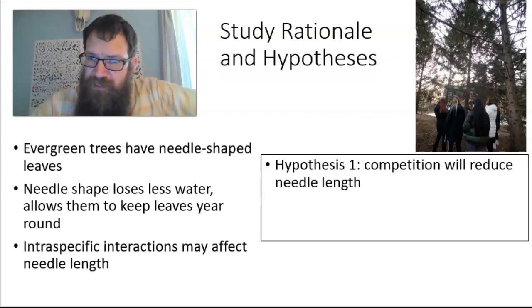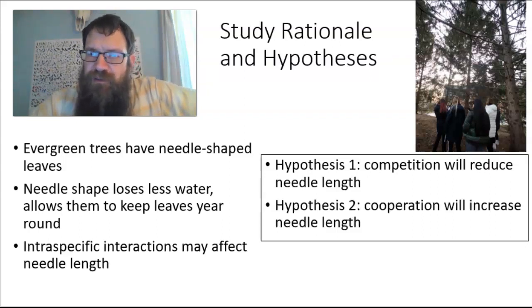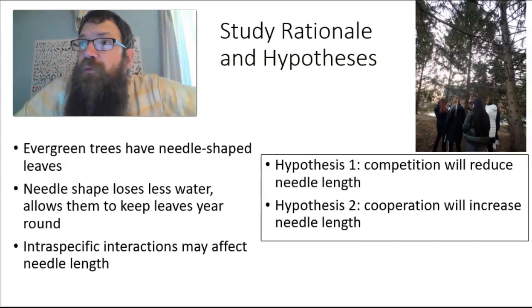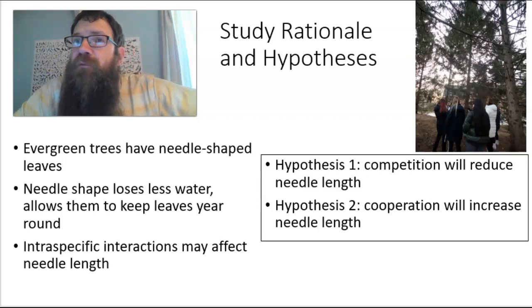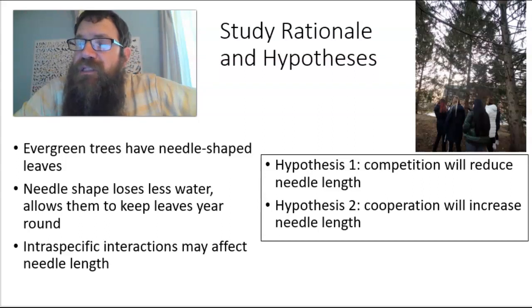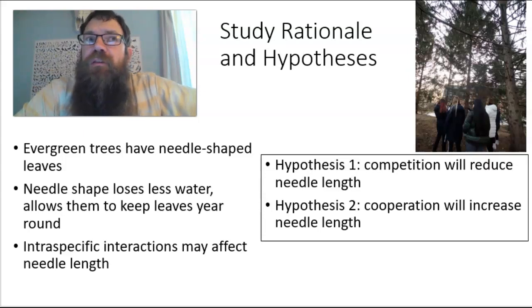The other possibility then is that when trees get closer together, that they could cooperate. For example, one way I could see cooperation happening is that when it's windy, right? Wind is something that tends to cause a lot of evaporation, but if there are other trees around to serve as sort of a windbreak, well, close trees then might decrease the amount of evaporation, might mean there's more water availability, might mean longer needles.